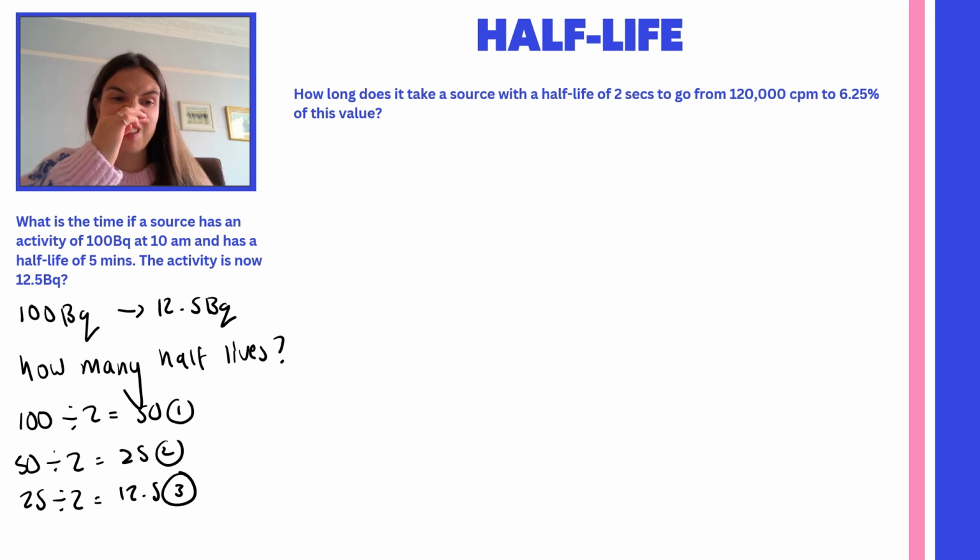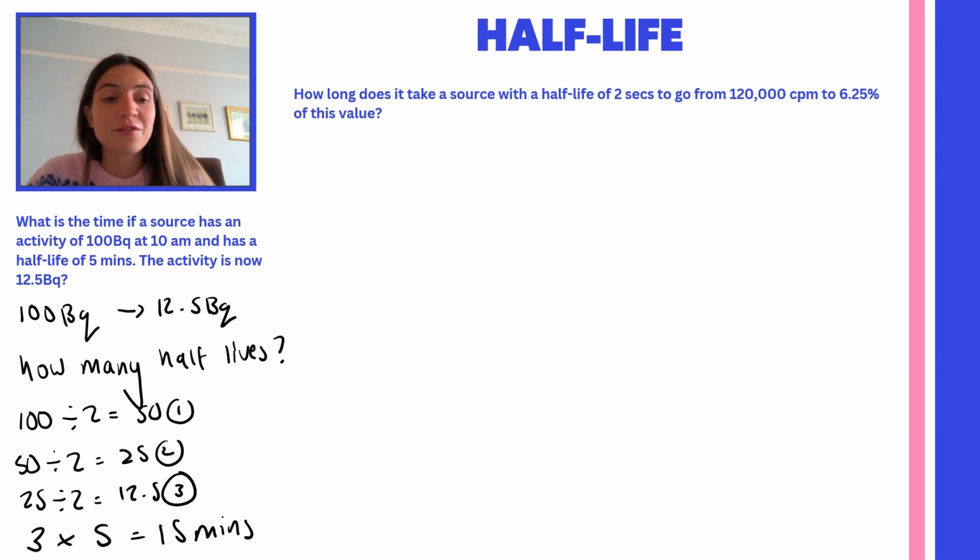So we divide 100 by 2 once to get 50, again to get 25, and again to get 12.5. So that is 3 divisions by 2, so 3 half-lives that have passed. And it tells me in the question that each half-life is worth 5 minutes. So 3 have passed, multiplied by 5 gives me a total of 15 minutes for this to have happened.